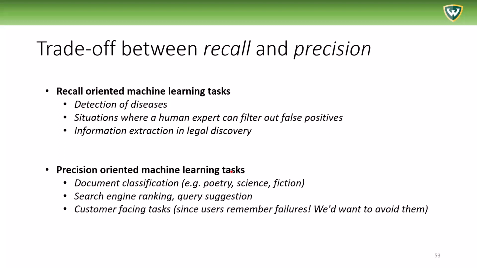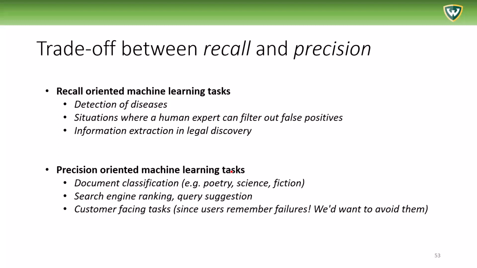So in general, one important observation is that there's usually a trade-off between recall and precision. And there are recall-oriented machine learning tasks, for example, detection of diseases, as we were saying. Usually we want to make sure that if it's positive, we identify the positive, even if it means we identify more positives than exist.